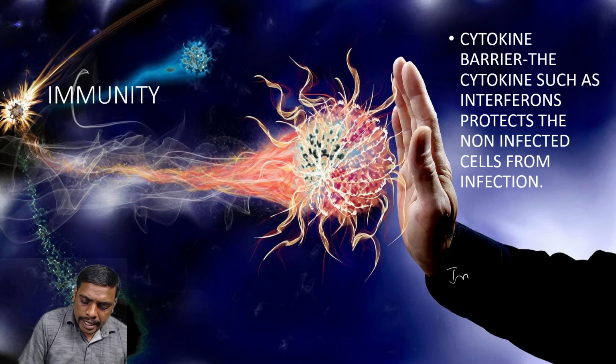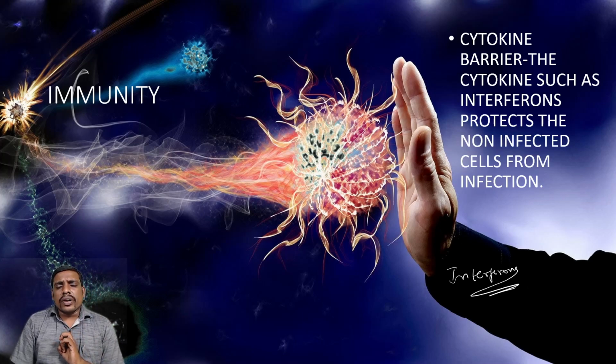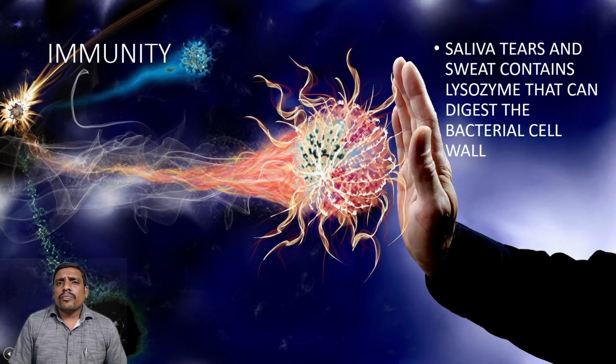What are interferons? These interferons protect the non-infected cells. If some part of the tissue is infected with microbes, the remaining non-infected tissue can be protected by these cytokine interferons. Like this, the body has four different types of barriers in innate immunity.